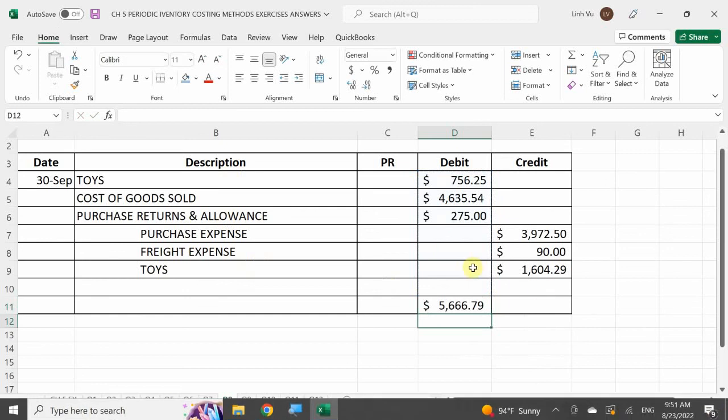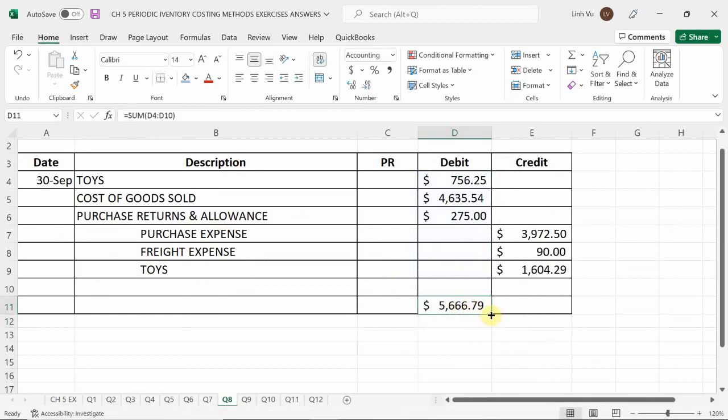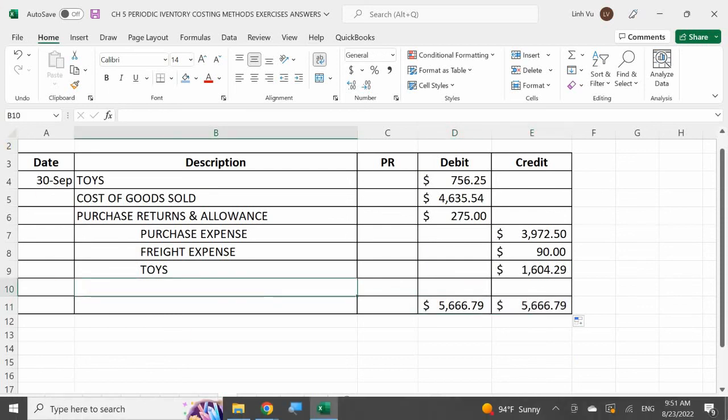So I got 5,666.79 on the left, 5,667.9 on the right. So in this case, awesome. We completed our journal correctly. So conversion entry for periodic inventory.